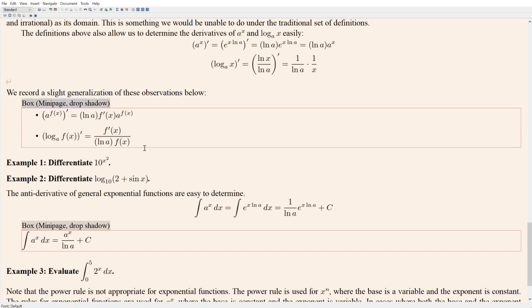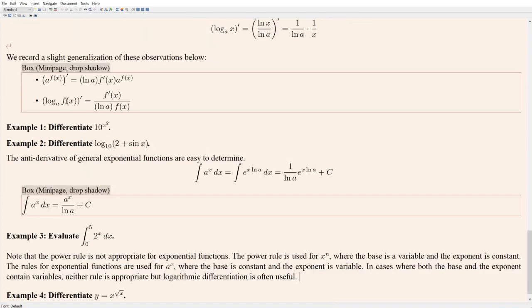That is the rule. Similarly, if we have the log base a of an expression, well, that is 1 over log a times 1 over the expression times the derivative of the expression. This is just the chain rule. Yep, so these are the formulas.